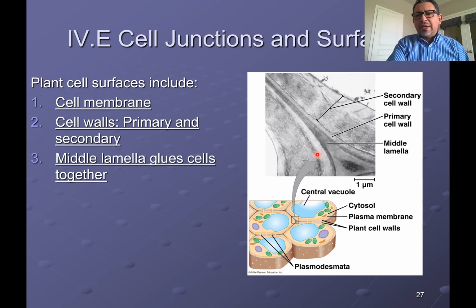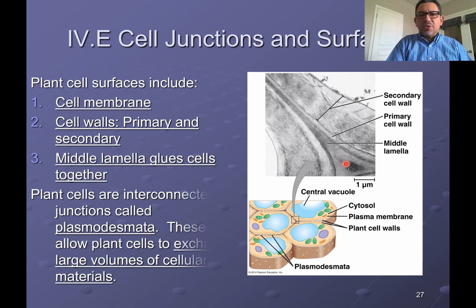And in between the cell wall of one plant cell and the cell wall of another plant cell, you're going to see this material called the lamella, which is going to be made of a sticky polysaccharide that almost helps glue cells together. That's one of the advantages of the lamella being sticky.